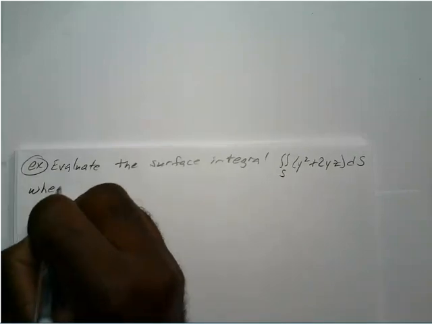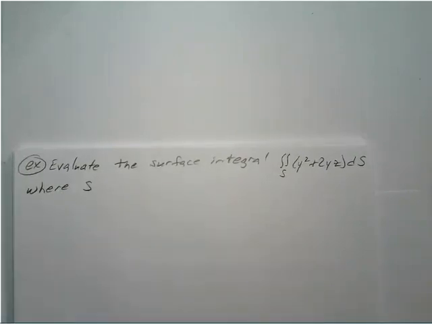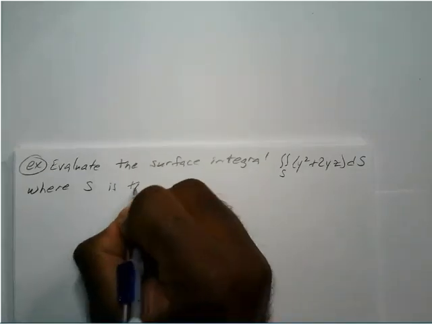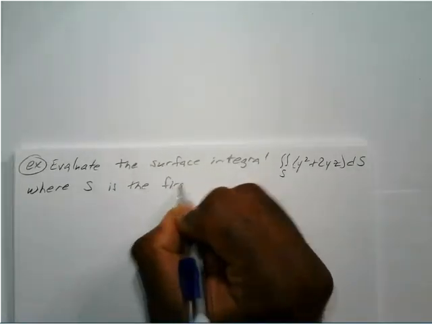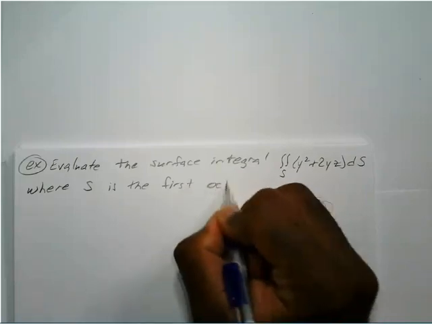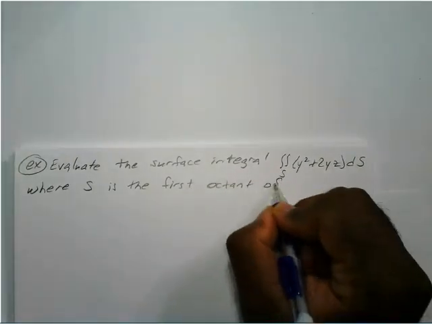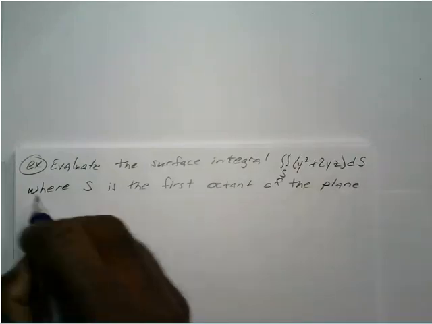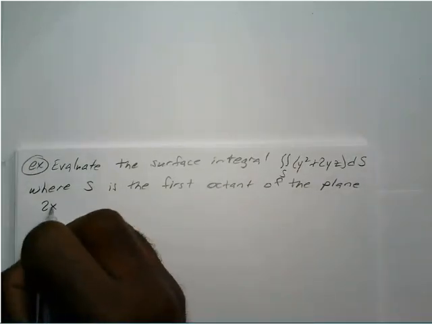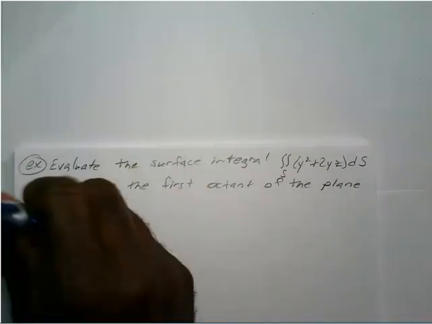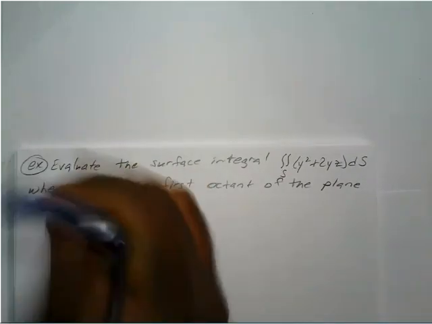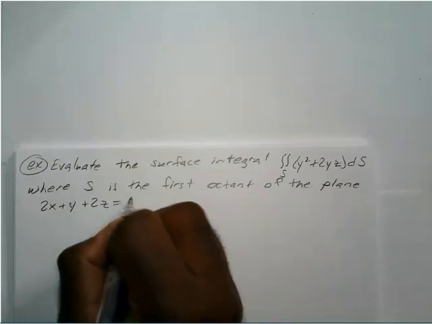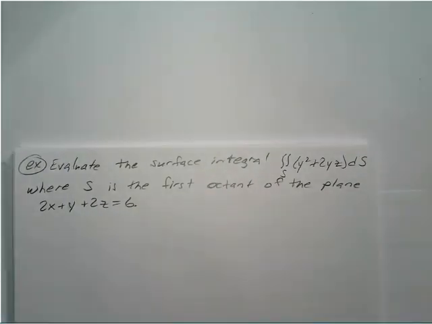And that's where your surface is the first octant of the plane 2x plus y plus 2z equals 6.